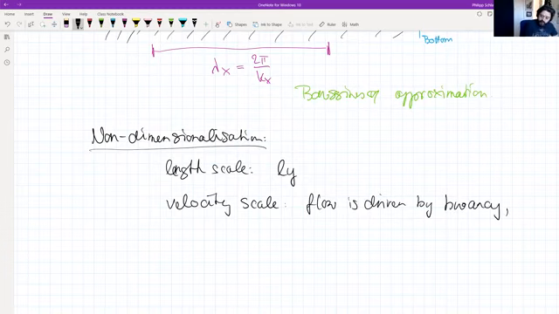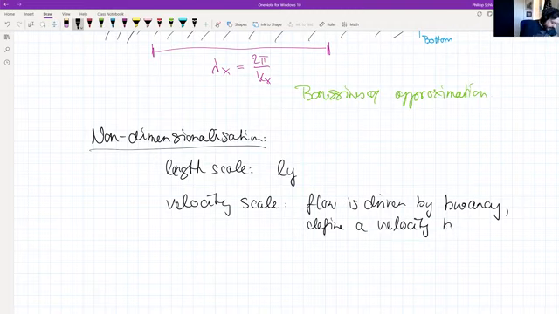It's driven by buoyancy. So that means we somehow need to find the velocity. So define a velocity that somehow takes this buoyancy into account.